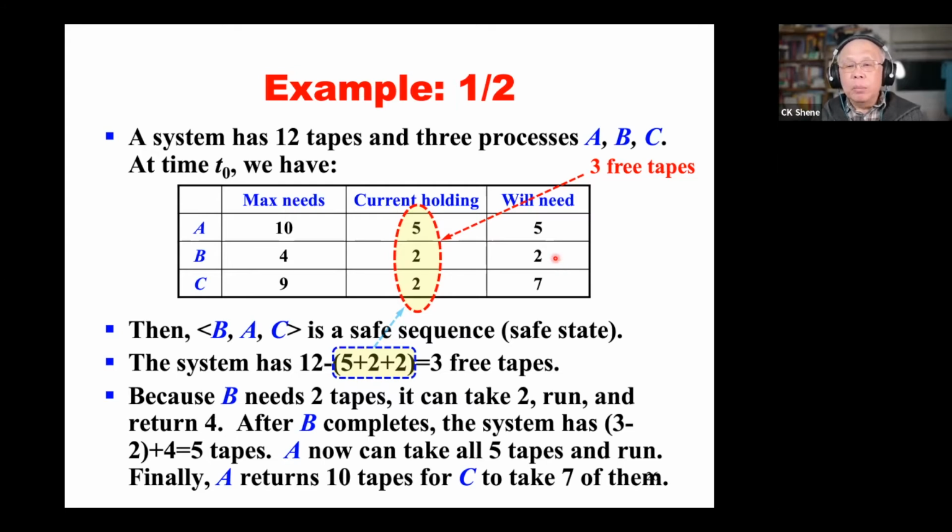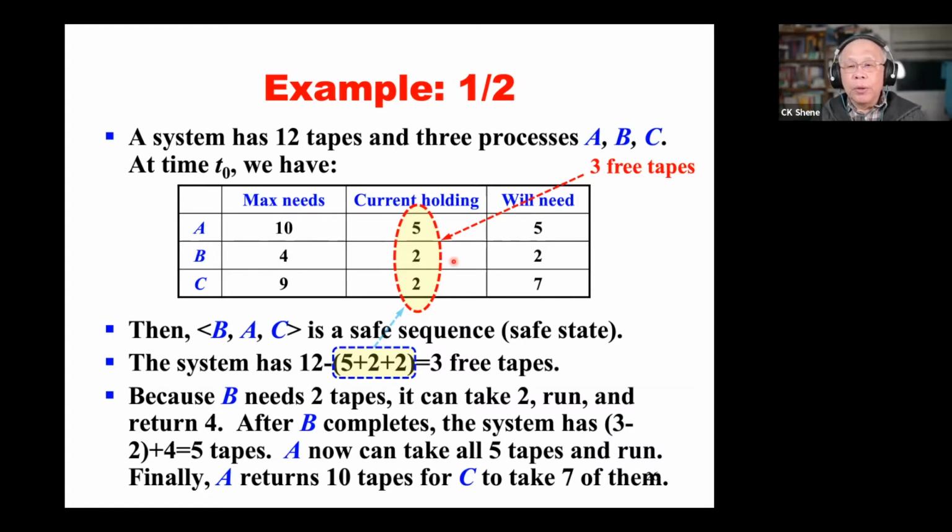So when B needs 2, the system allocates 2 to its current holding, making B have 4. After B is done, B would return 4 tapes. So when B returns 4 tapes, how many are available? B already had 2.